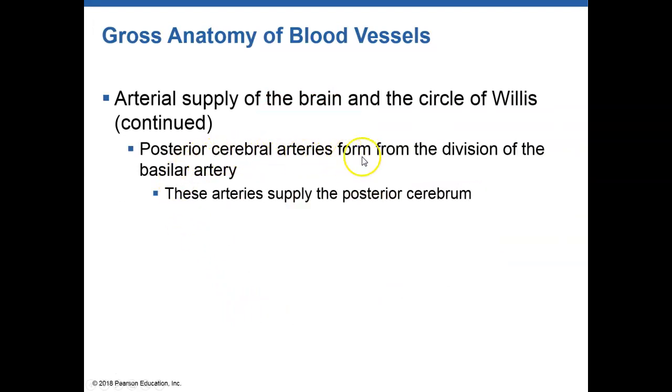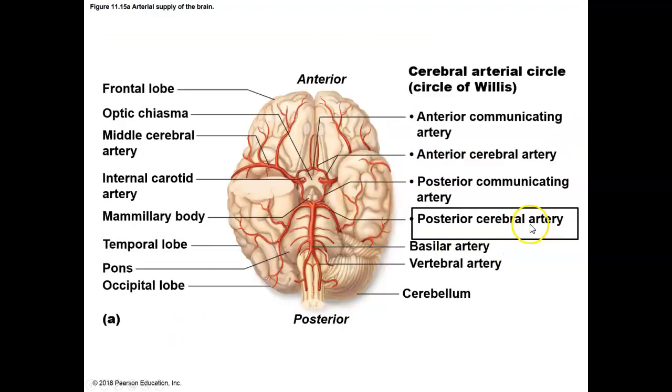Posterior cerebral arteries are formed from the division of the basilar artery, and they feed the posterior cerebrum. So here you see the posterior cerebral artery that comes off of that basilar artery. So this is going to feed the posterior region of the cerebral hemisphere.